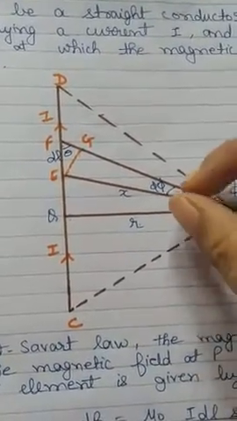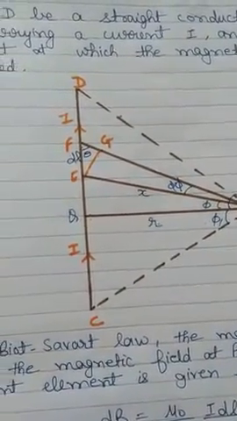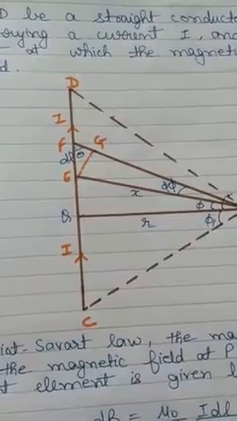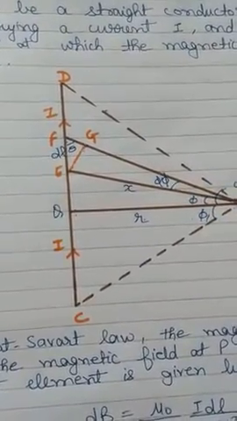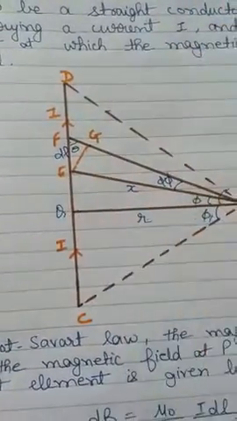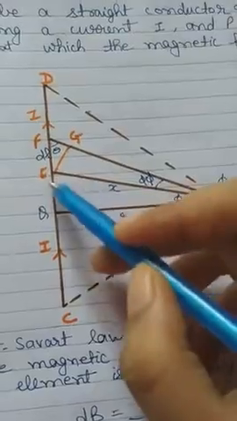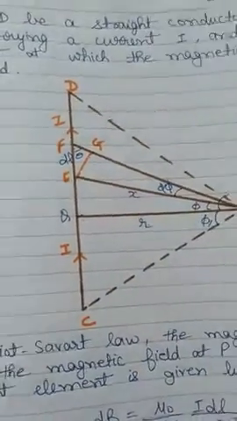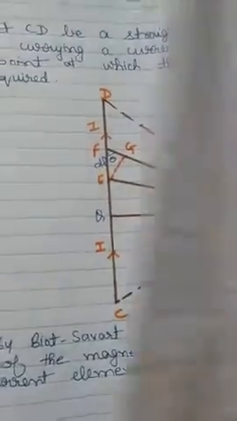So here also this d phi is very small. Clear? So d phi will become equal to what? Here the perpendicular is EG and the hypotenuse is EP, so d phi will become equal to EG by EP.